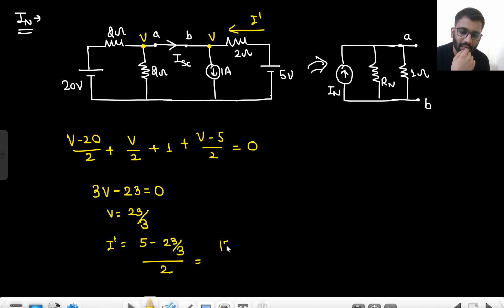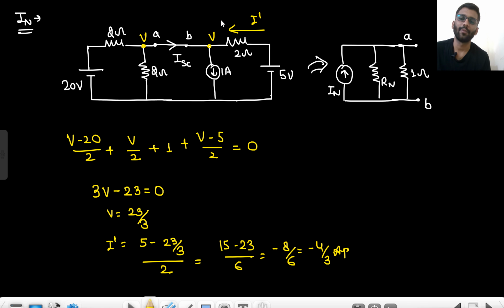It will be (15 minus 23) by 6. That means it would be minus 8 by 6, minus 4 by 3 ampere. That means I am having 4 by 3 ampere current that side, and 1 ampere current that side, right?